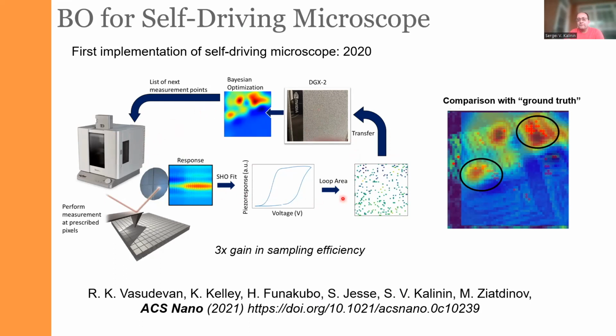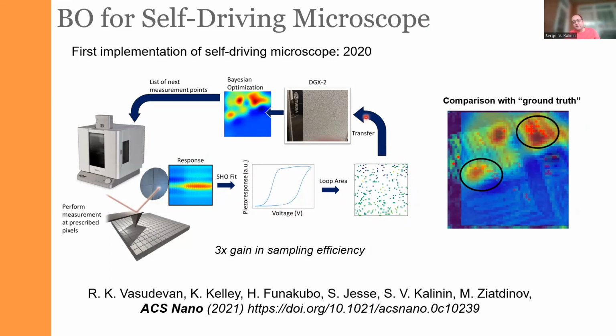But anyway, the first experiment that we set up was piezoresponse force microscopy, where we tried to measure the hysteresis loop. The workflow was that you have a sample, you measure the response signal, and you extract the hysteresis loop. This is some measurable parameter. We take the hysteresis loop and determine the loop area. We use this loop area as the optimization function.